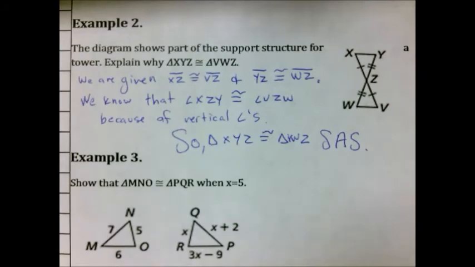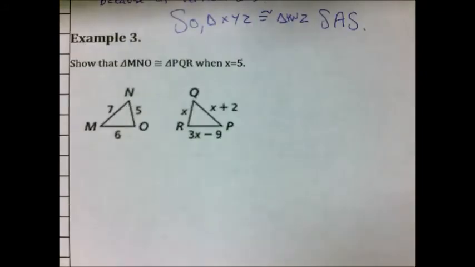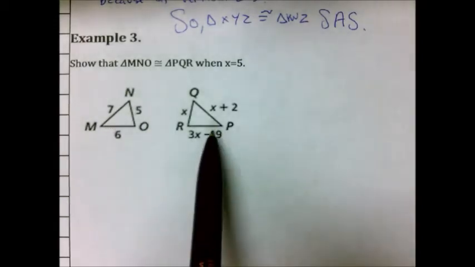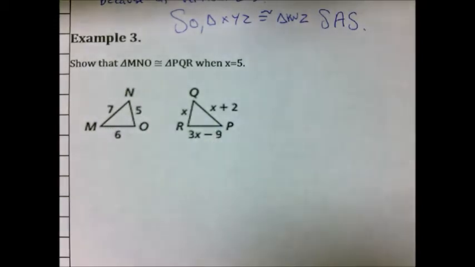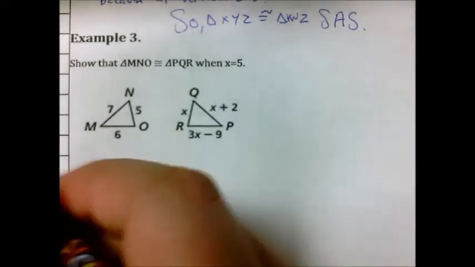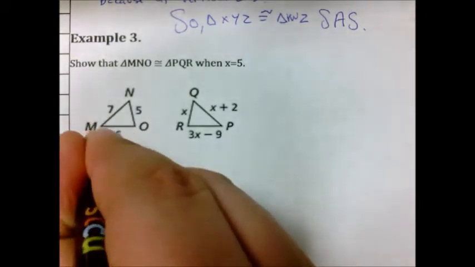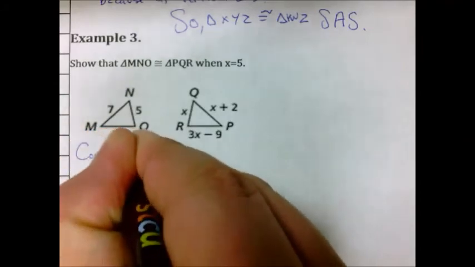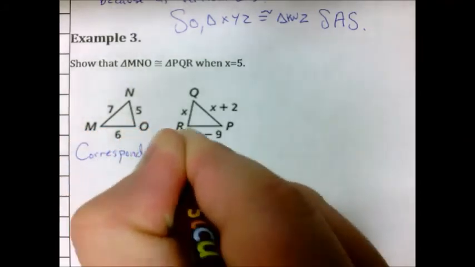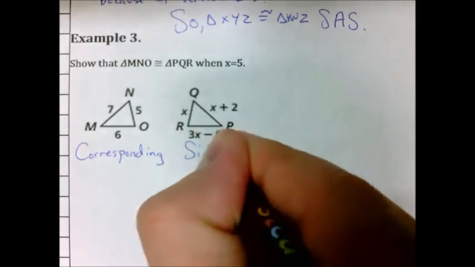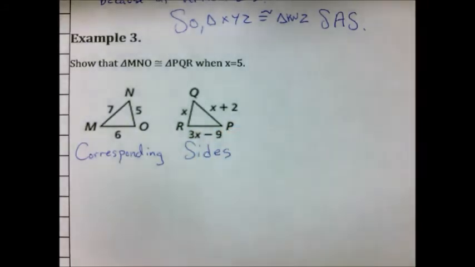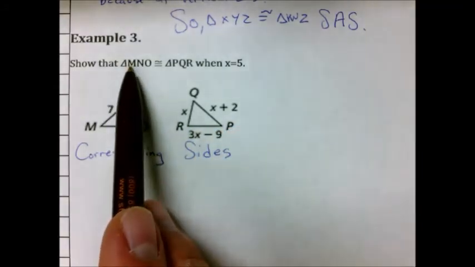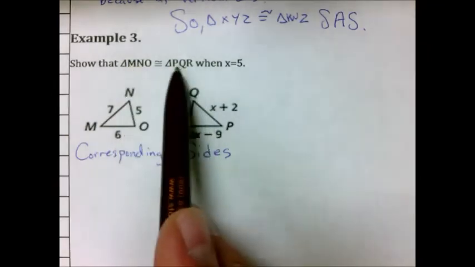All right, that's it. All right, so example 3 says that we need to show that triangle MNO is congruent to PQR when the value of x is 5. Okay, so first let's write down what our corresponding sides are. And remember, corresponding sides, if we're talking about congruent triangles, they need to be equal to each other. Okay, and again, corresponding sides are written out in order here.